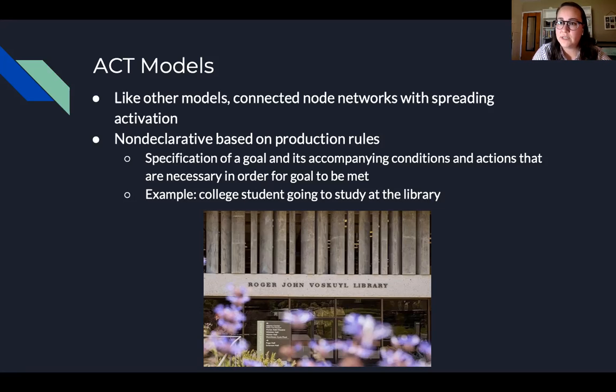Both of those conditions were met: it was really loud, and the library was open. The actions you would take would be to gather the things you need to study, go to the library, and then work there. So again, there are specific goals that have certain conditions that need to be met, and then certain actions that need to be taken. And the idea here is that this is how memory is retrieved.